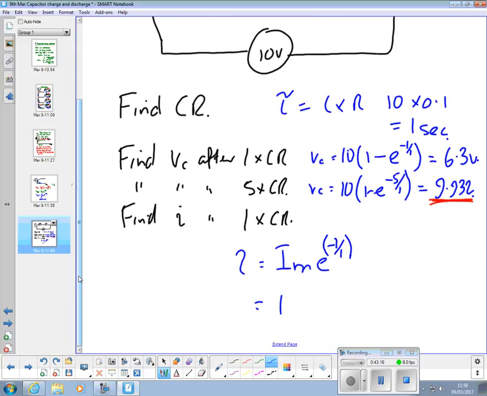So it's 1 times e to the minus 1 equals 0.37. Right, it has fallen by 63% of its starting current. See how consistent that is?